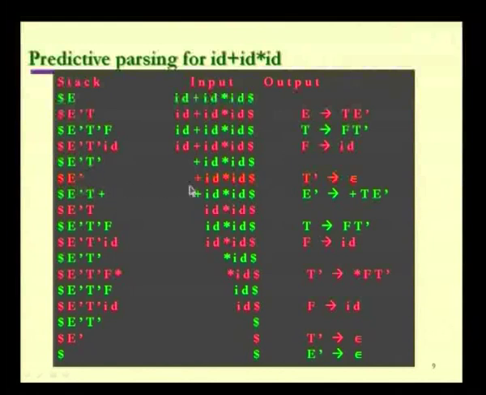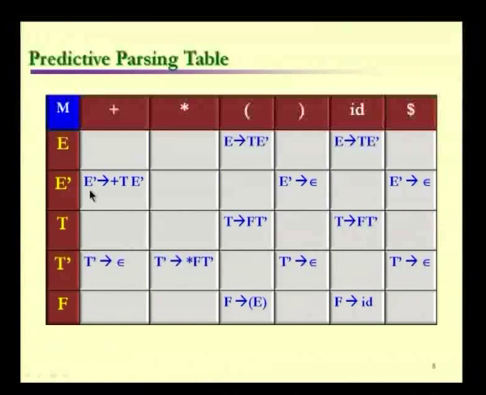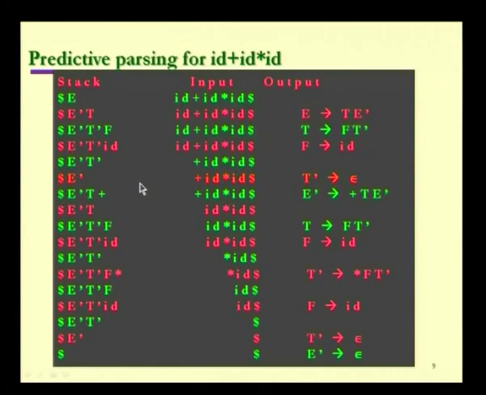Now we have E dash, plus, and we know that E dash, plus gives the production plus T E dash, and the plus T E dash will be pushed in reverse order, exposing plus on top of the stack, followed by T, then followed by E dash. So now we have plus T E dash after removing E dash from the stack, and we have a plus in the input.